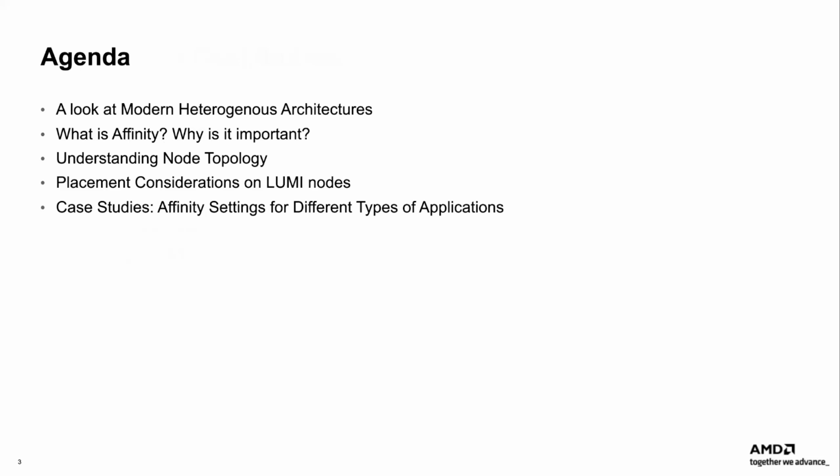And then especially, we're going to focus a little bit more on Lumi nodes in this presentation, but at the same time, we may give you an introduction to some other examples or tools or techniques that we can use on other systems. Hopefully, this will serve as a good reference for you when you come back to it later. And at the end, we will go through some examples of how to set Affinity for different cases and how to verify if we got the binding correctly.